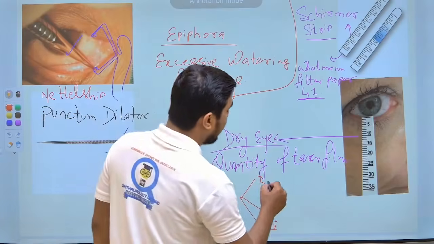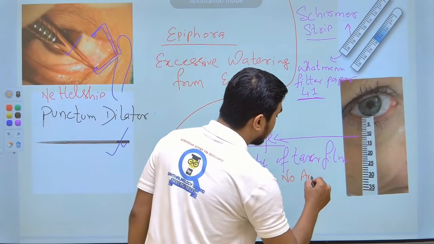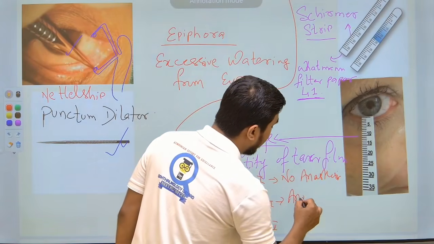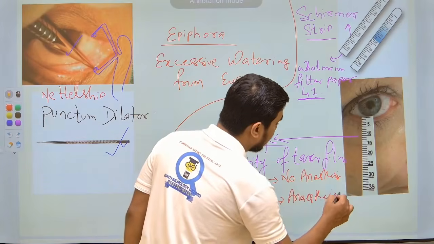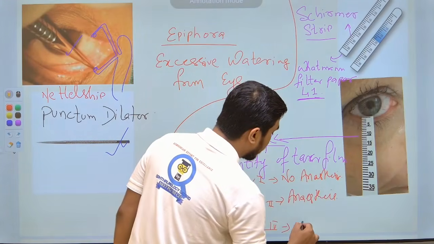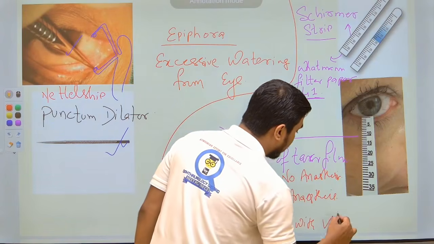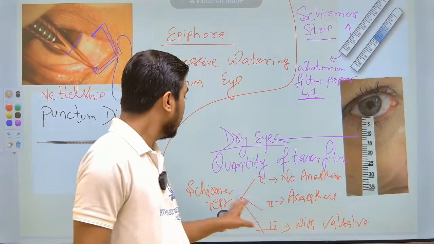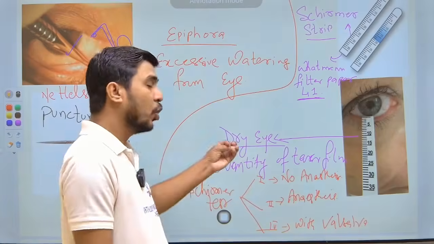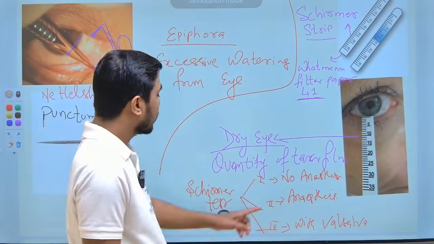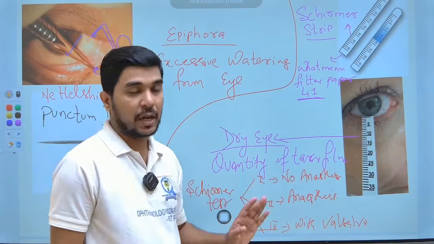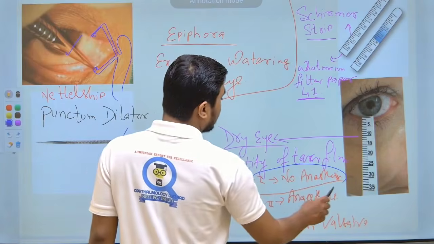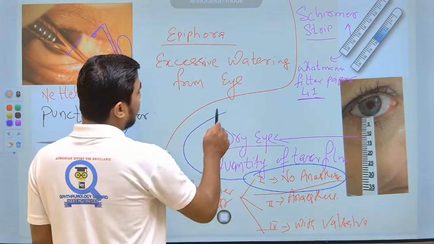In the 1, no anesthesia is used. In the 2 we use the anesthesia, and in the 3 it is done with Valsalva. Understood? So if they ask you, type 1 Sirmer test is without anesthesia, normally we perform this. Second is with anesthesia, third is with Valsalva. So the value that we are normally doing here in the OPD, this one.